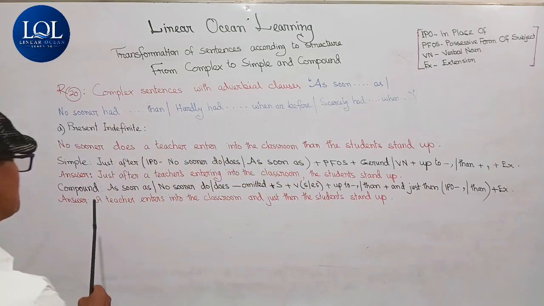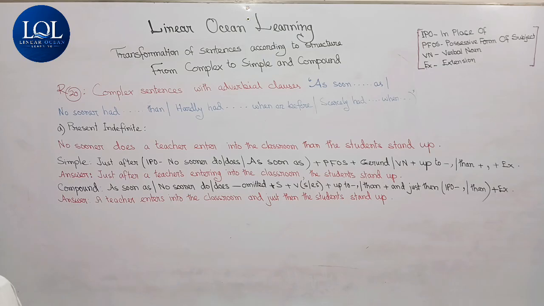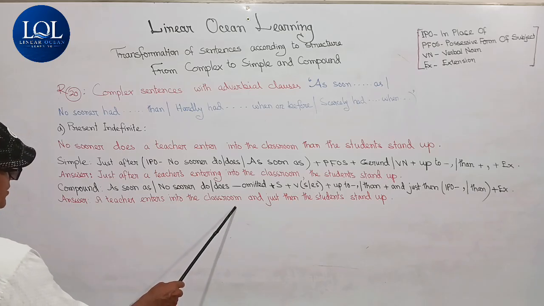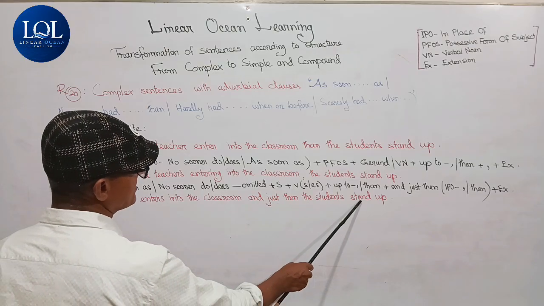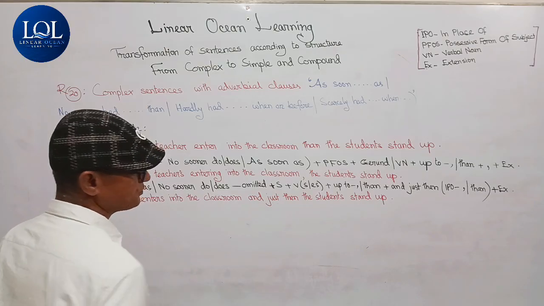If we follow the structure of the compound sentence, the compound sentence we will get is: A teacher enters into the classroom in present indefinite tense, and just then the students stand up.